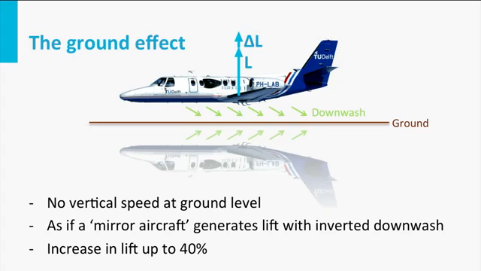These effects of an increase in lift and a reduction of drag are only noticed at very low altitudes, and a rough order of magnitude is that the altitude has to be less than the span of the aircraft. When you're flying at the altitude of the span of the aircraft, it's generally negligible, but when you get below it, it becomes noticeable, which means it's really at the very last meters.